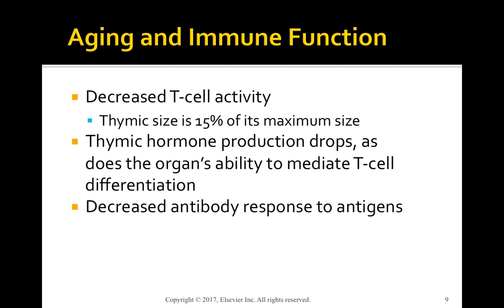So again, not only do you have less T cell activity, you actually have fewer T cells and less differentiation of those T cells as you grow older. And last but not least, we know that this whole antibody antigen response that is supposed to happen relatively quickly happens much more slowly as you age, because the systems are just older and more worn out.